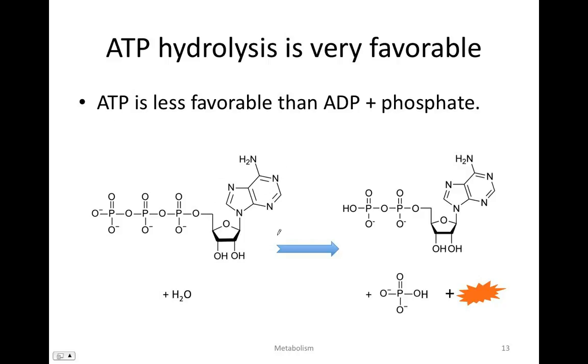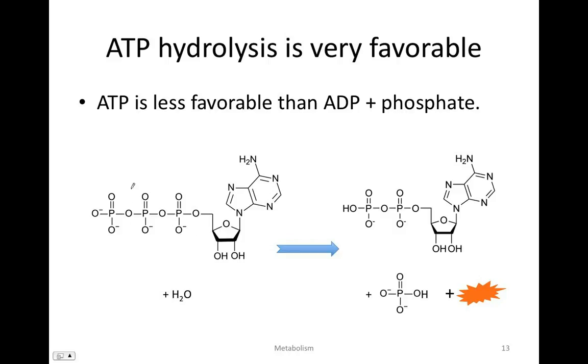This complicated part of the molecule here is called adenosine, and there are 1, 2, 3 phosphates next to each other, so that makes it adenosine triphosphate. ATP has these phosphates next to each other with their negative charges. That's not very happy. They would like to be away from each other. The negative charges repel each other.